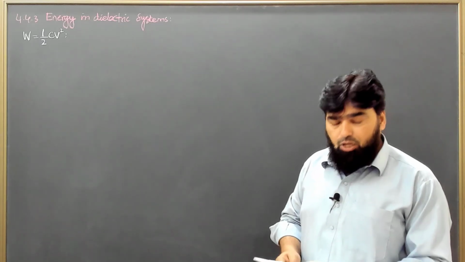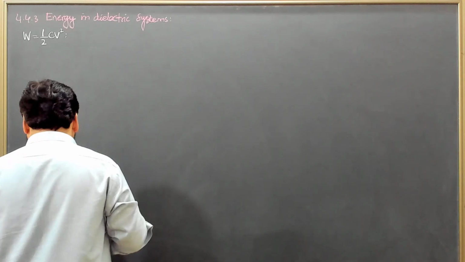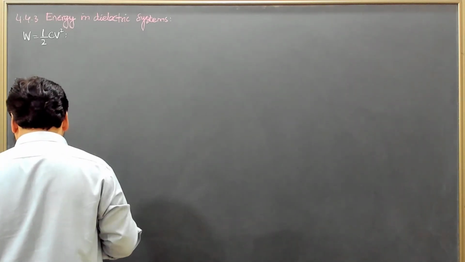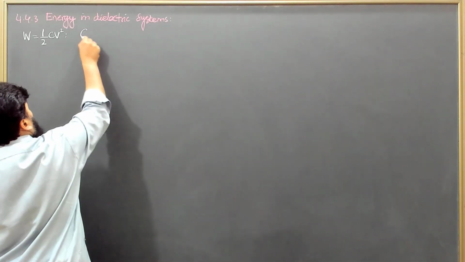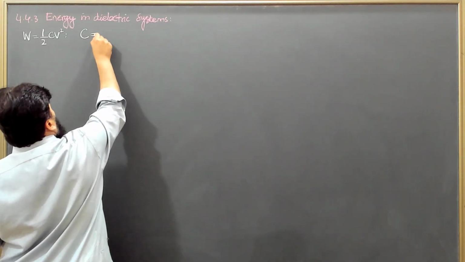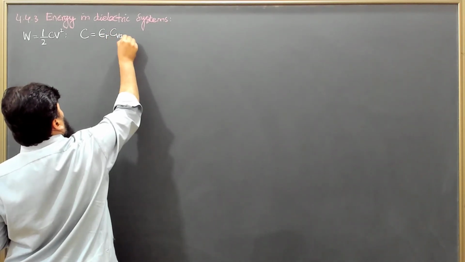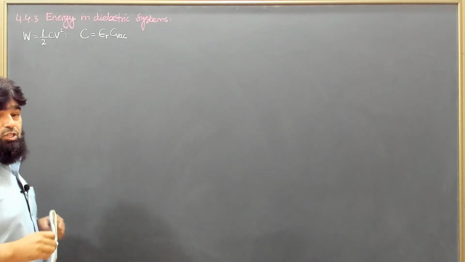When we place a dielectric material inside this capacitor, its capacitance becomes epsilon R, the dielectric constant or relative permittivity, times C vacuum, or C free space.